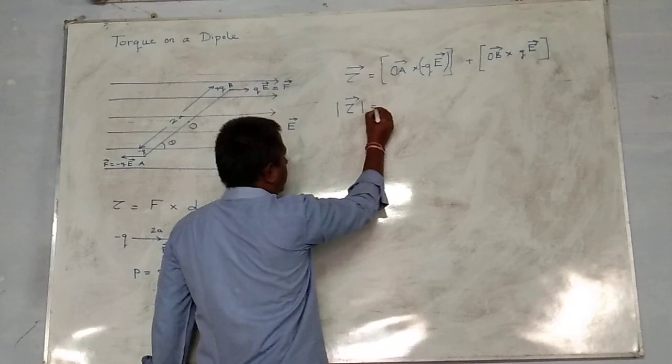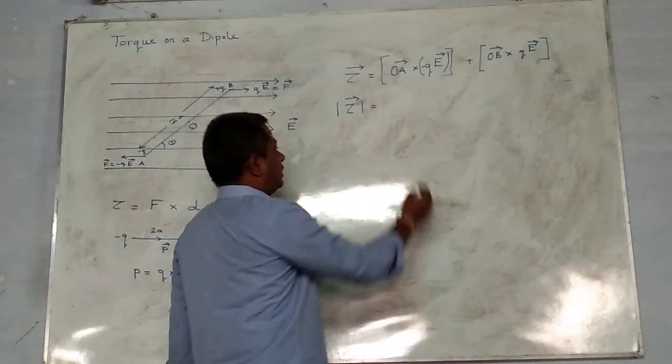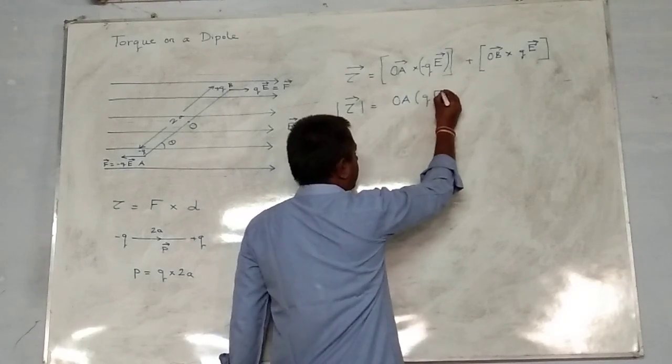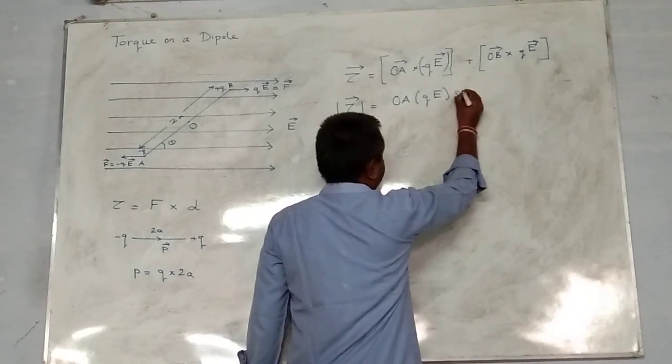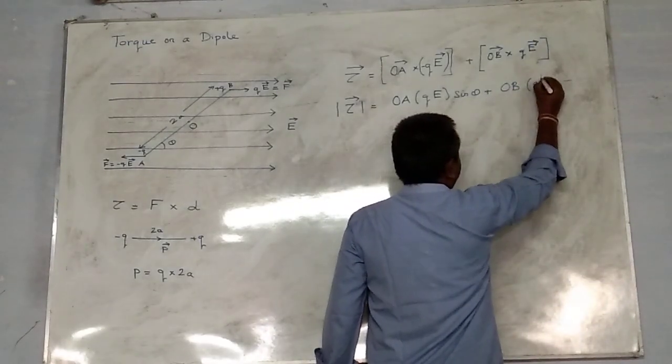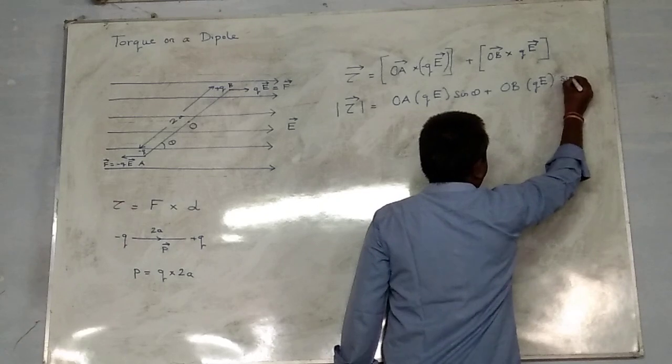Magnitude of the torque, modulus of tau vector, is equal to OA into QE into sin theta plus OB into QE into sin theta.